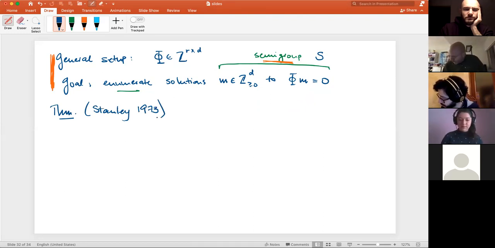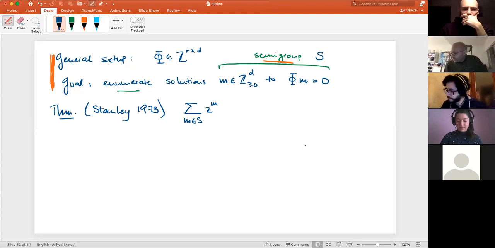So he developed a setup for computing this multivariate generating function for semigroups given by such a system. And he proved in very general terms that this evaluates to a rational function in several variables.